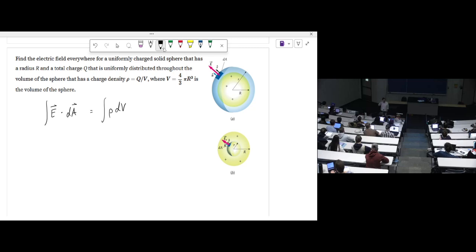But I'm not taking any sort of cut out of this sphere. I don't expect anything to be coming out along the azimuthal direction in terms of electric field, nor do I expect anything to be going out along the polar direction.